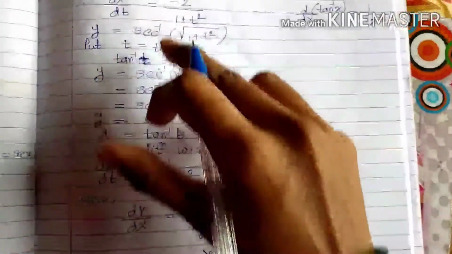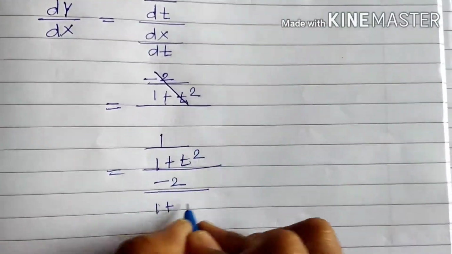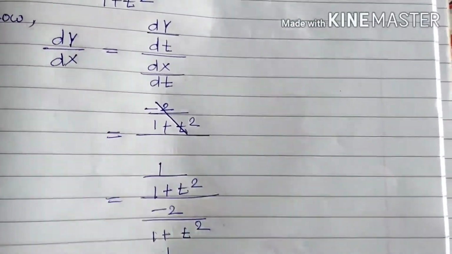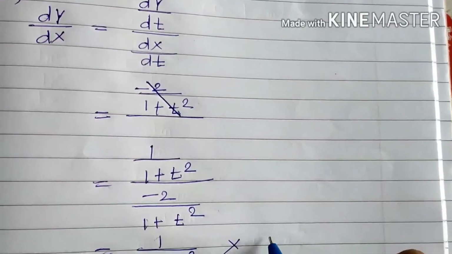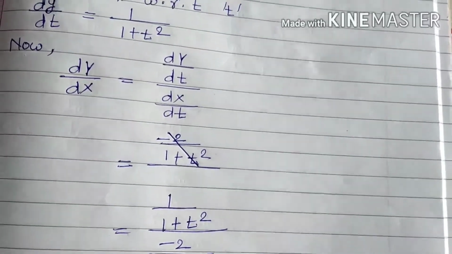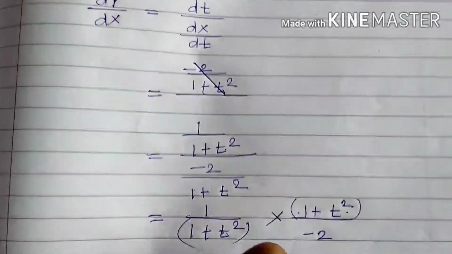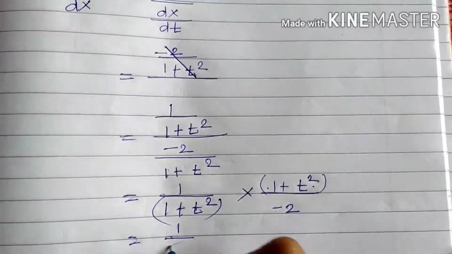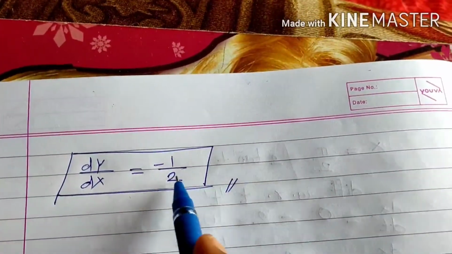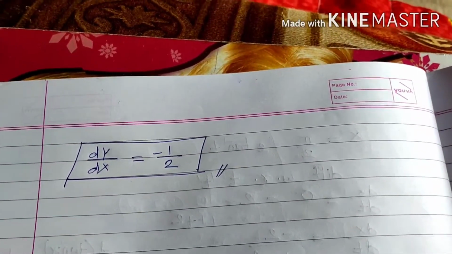And the value of dx upon dt is minus 2 upon 1 plus t square. So you can write it as 1 upon 1 plus t square into 1 plus t square upon minus 2. Now this 1 plus t square and 1 plus t square cancel, and you get only 1 upon minus 2. So dy upon dx is equal to minus 1 by 2. It is our final answer.